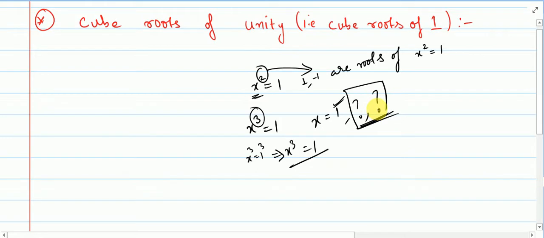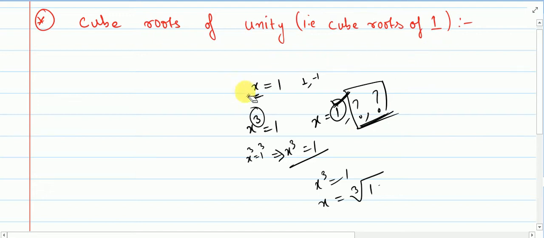So this one will be called a cube root of 1. Like when I write x cube equal to 1, it means that x is a cube root of 1. Now 2 more are there, which are also cube roots of 1. So how do we find them? Let's see.